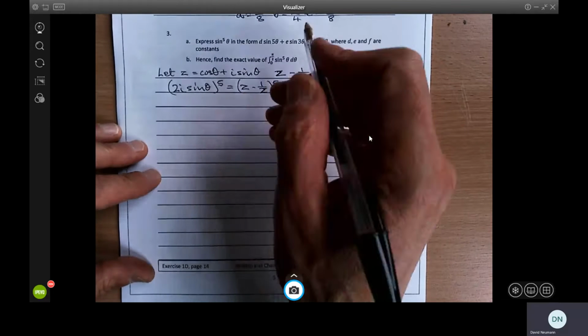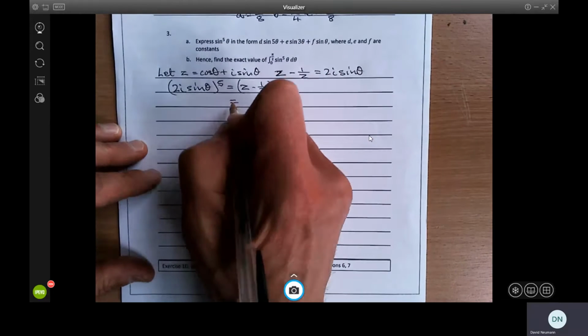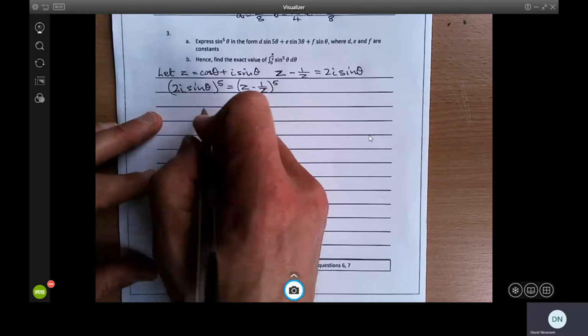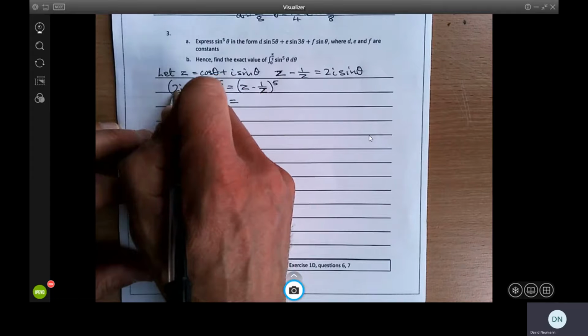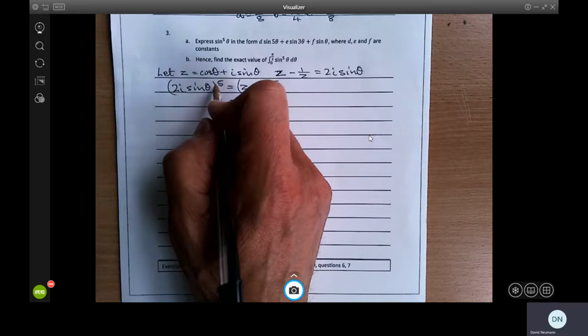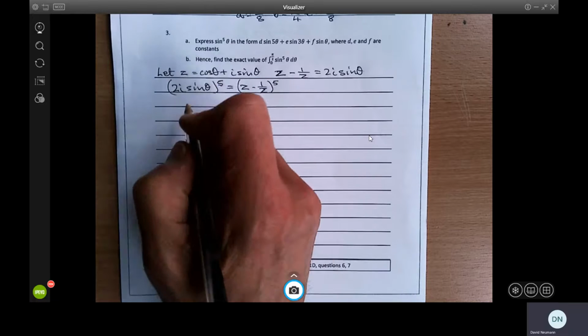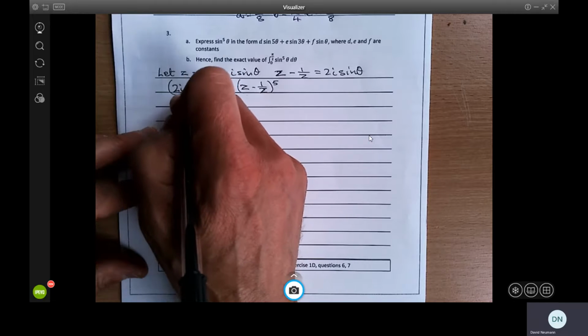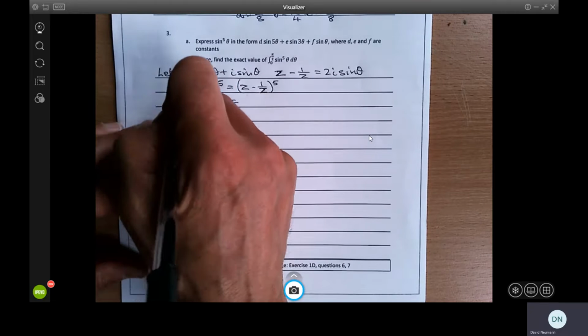We're going to use our binomial expansion again, and we're going to expand what we have here. So 2i to the power of 5, well, 2 to the power of 5 is 32. i to the power of 4 is 1, so i to the power of 5 is just i.